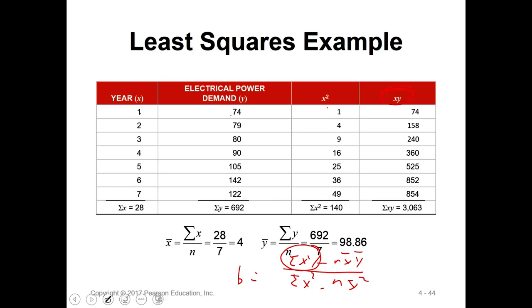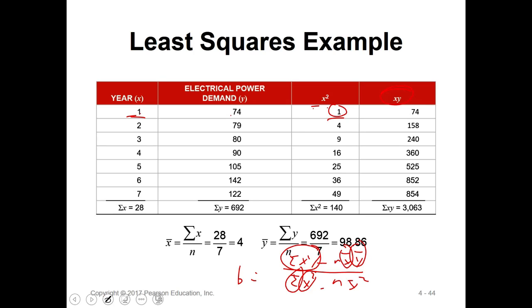In this equation, we need to calculate x bar and y bar, which means average. We also need to calculate x squared. This is x squared. Then you need to sum and add them all together.